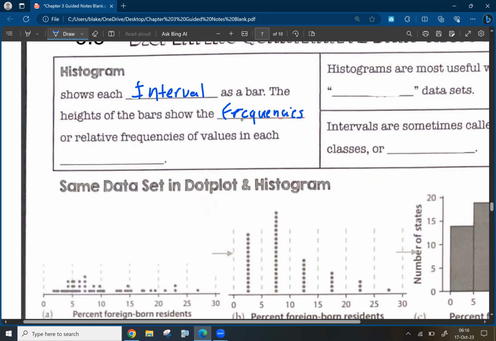Remember, that's like their counts or their percentages. Remember the difference between frequency and relative frequency. Frequency was like their counts, and the relative frequency was like the percentages of values in each interval.